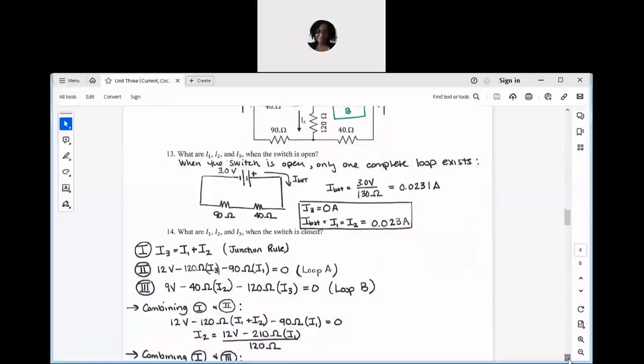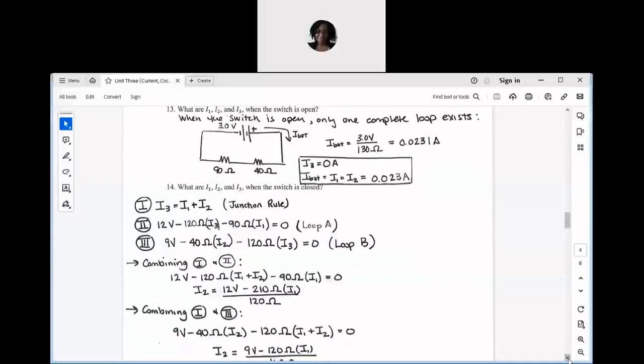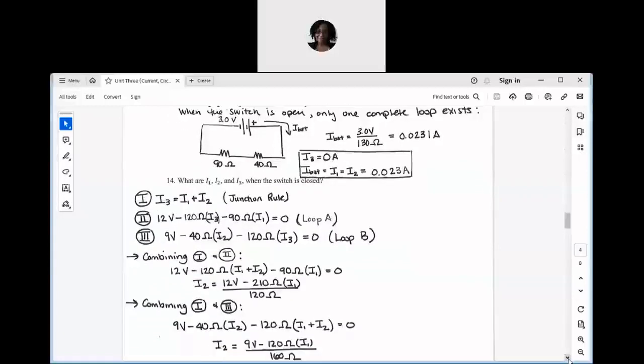So now I've got a system of equations, Roman numeral 1, 2, and 3. I only have 3 unknowns, I1, I2, I3, so you can solve that system however you like. What I did here was I combined 1 and 2 so that I could eliminate I3.